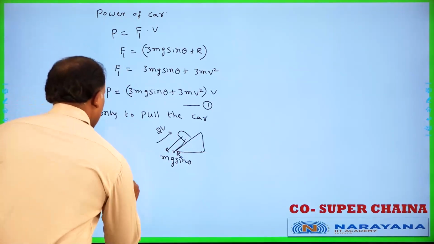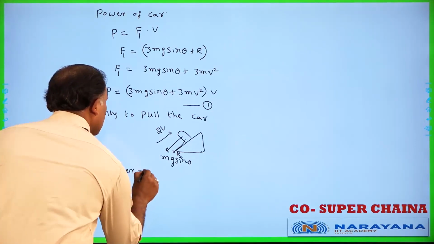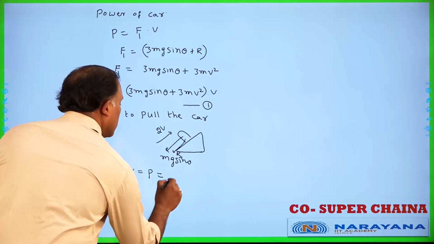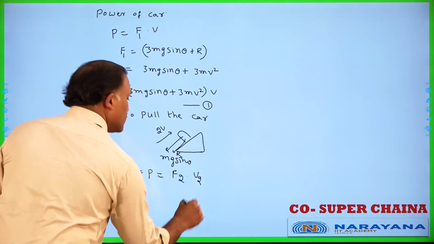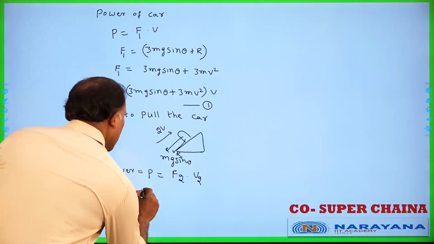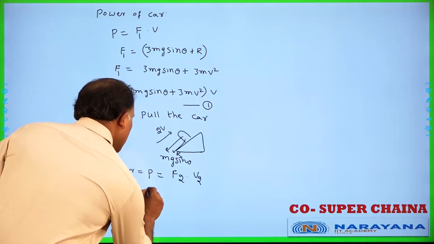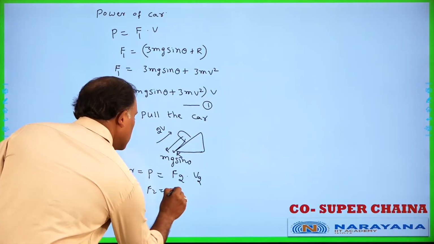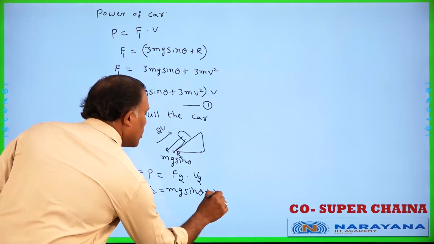So then again, power P is equal to F2 into V2. Now F2 is equal to mg sine theta plus the resistance R. So F2 will be equal to mg sine theta plus mv square.